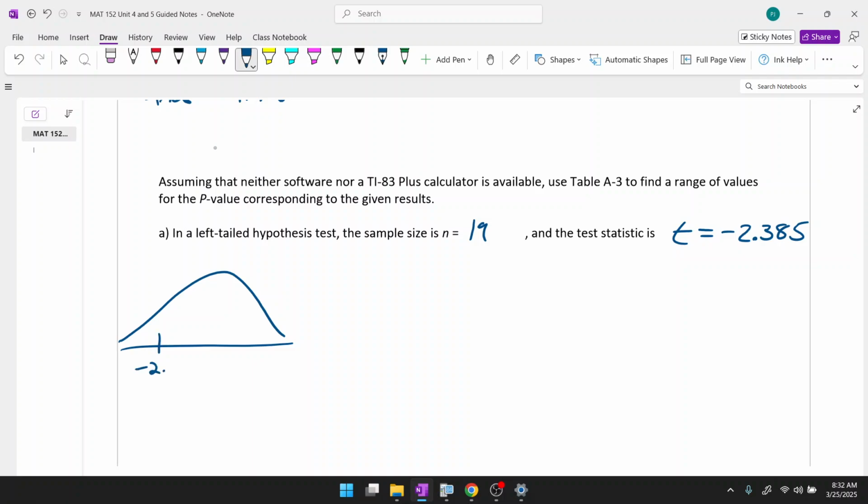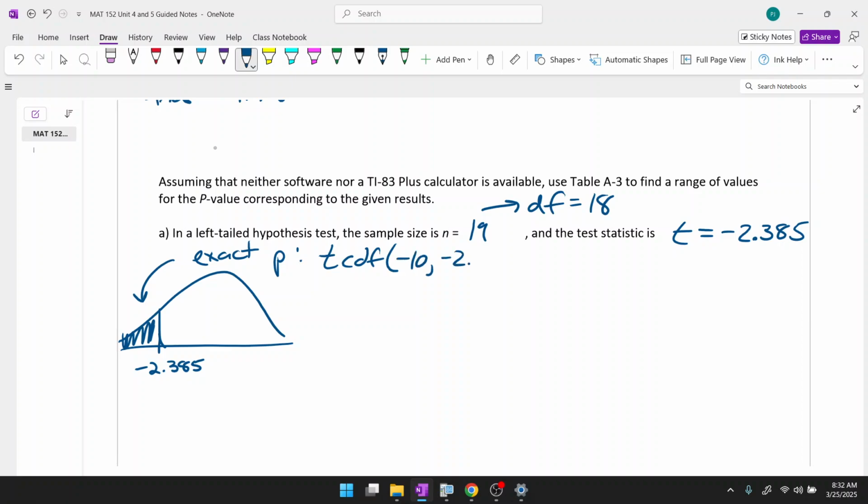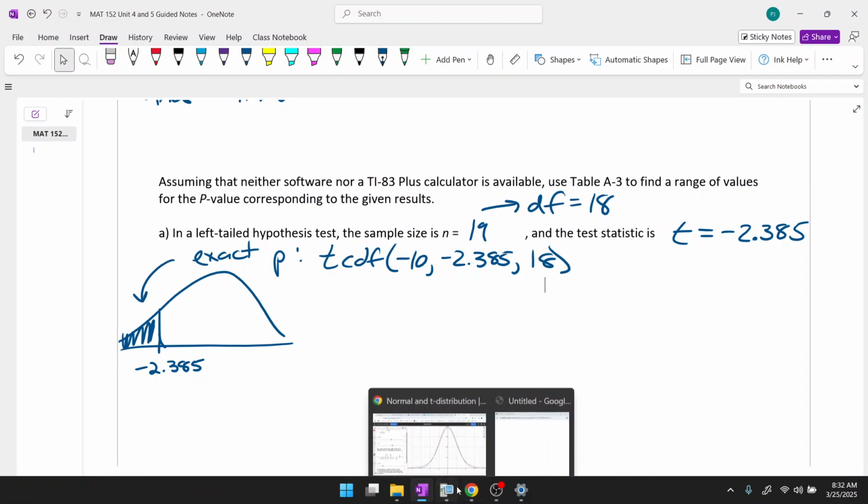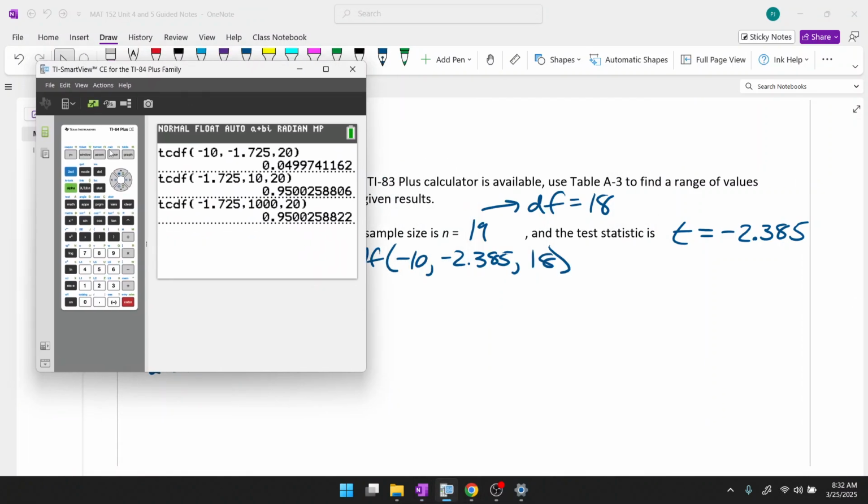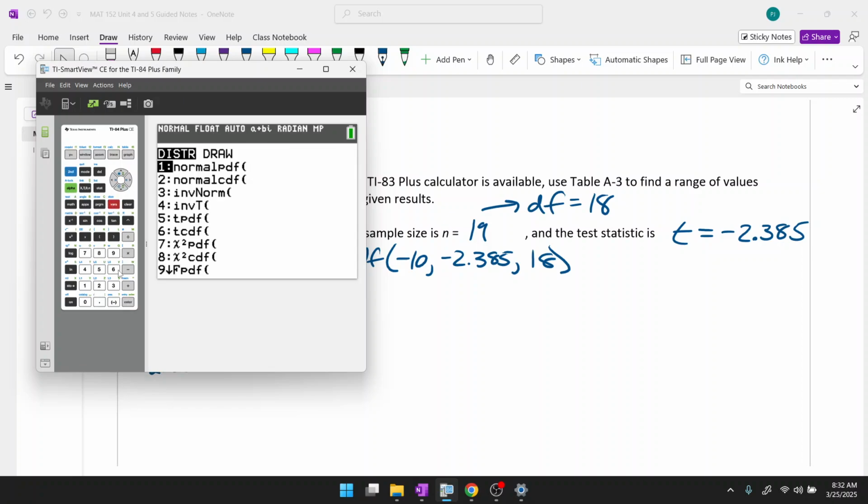So for negative 2.385, we're going to find the exact p-value, and since sample size is 19, your degrees of freedom is going to be 18. So basically, you would do your TCDF from negative 10 to negative 2.385 with 18 degrees of freedom. We're finding the exact p-value here, and that's how you're going to do this.